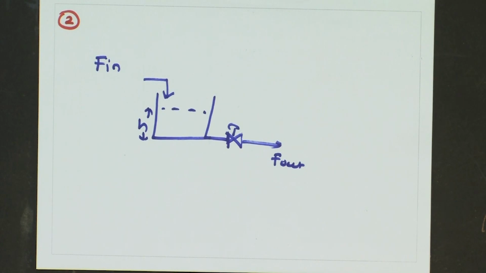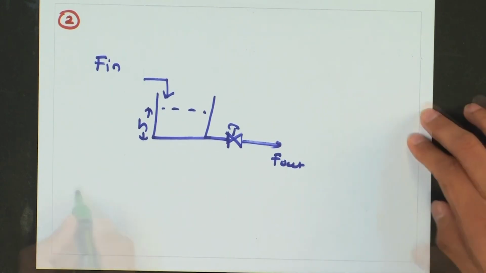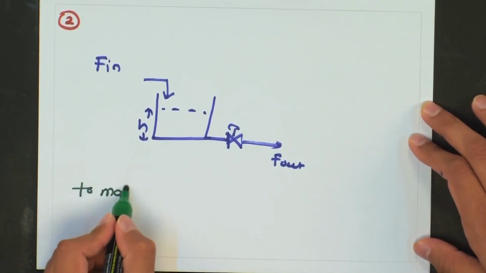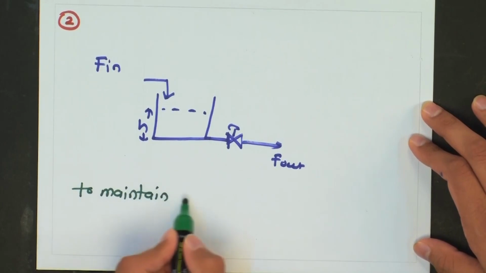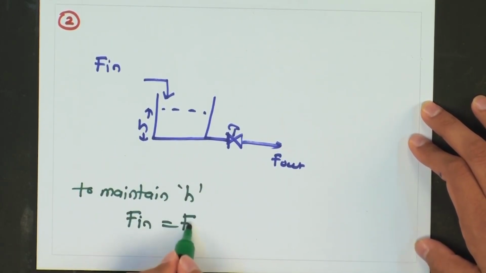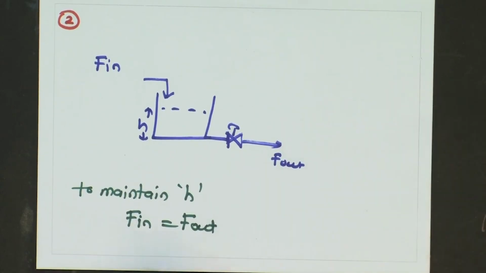So, now the other way to control this height is by knowing the fact that in order to maintain the level, what we need is the inlet flow rate should be equal to the outlet flow rate.